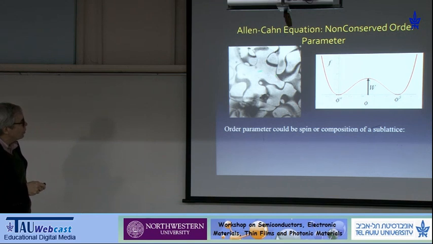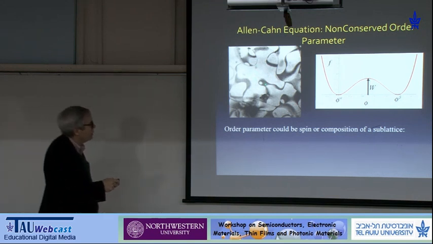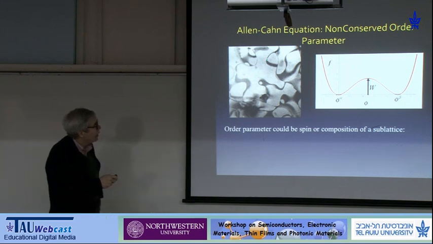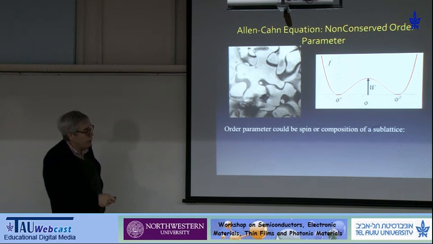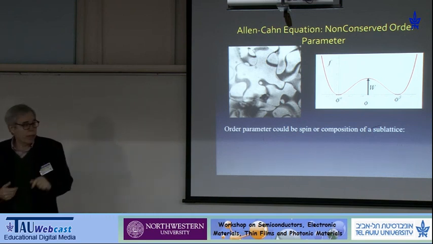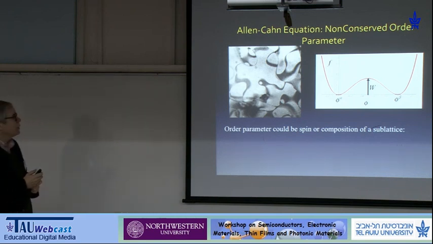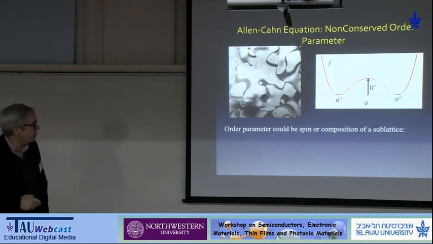And so this is a picture of an order-disorder transformation where you have atoms that live on sublattices and there are antiphase domain boundaries. These could easily be magnetic spins. You see this all the time in the magnetic materials literature, these kinds of Allen-Cahn equations. Exactly the same free energy function.